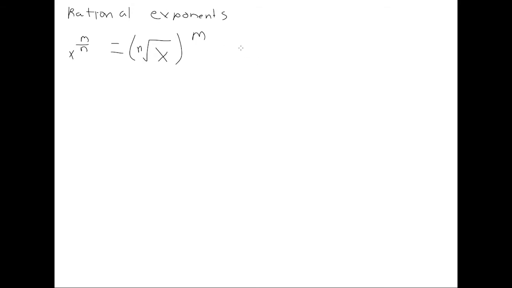Now, quotient law. Actually, you know what? This is a very important rule. You probably will run into this quite a bit. But anyways, quotient law, moving on. It's basically saying that x to the m power divided by x to the n power is going to equal x to the m minus n power.